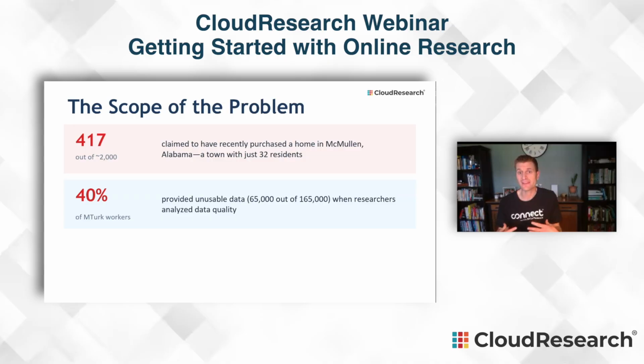Again, failing questions where the answer was very obvious. Overall, that's a rate of about 40% of participants on Mechanical Turk at the time that we were conducting these studies. And again, these weren't people who were just providing low quality data. Across a number of different measures, their data was completely unusable.